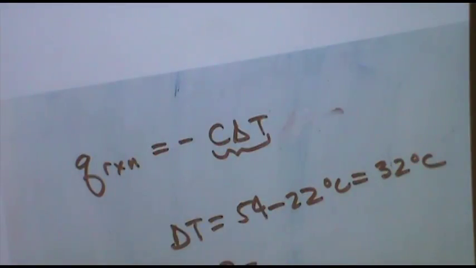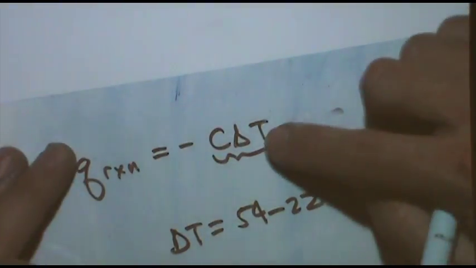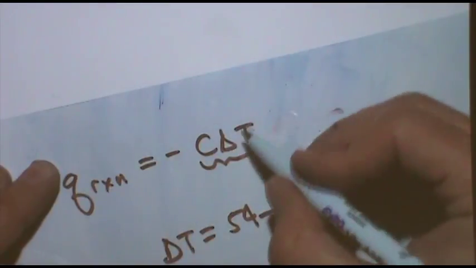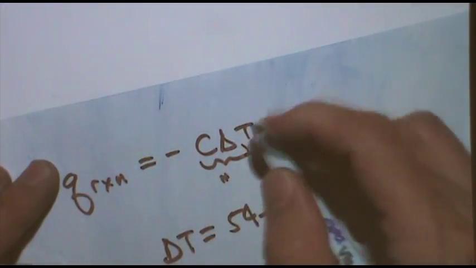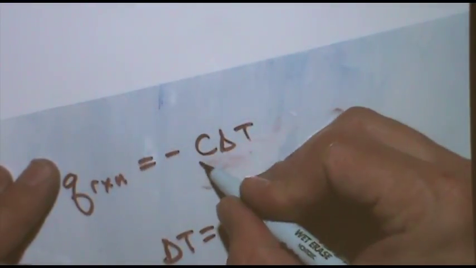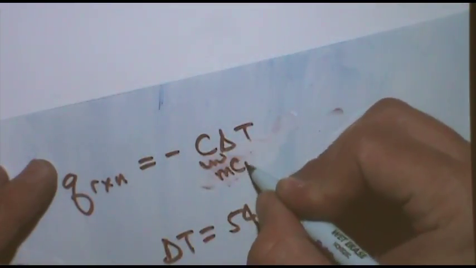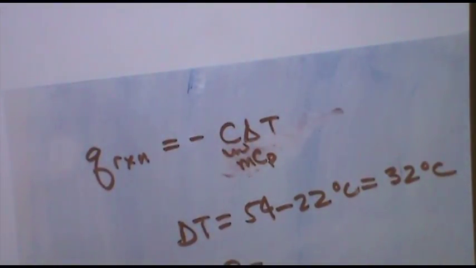And in that case, when they don't give you capital C, but they say it's the same as water, you'll have to use an MCP delta T. So let me change this line a little bit here. This right there, you'll have to use the MCP because they say they use the same as water.